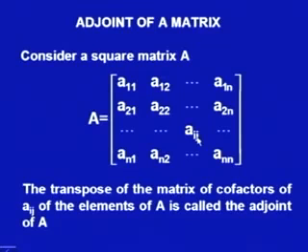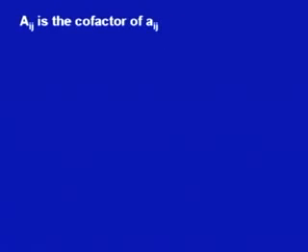The transpose of the matrix of cofactors Aij of the elements of A is called the adjoint of A. By this I mean to say that if capital Aij is the cofactor of the element small aij, the capital Aij represents the cofactor of the ijth element of the matrix.